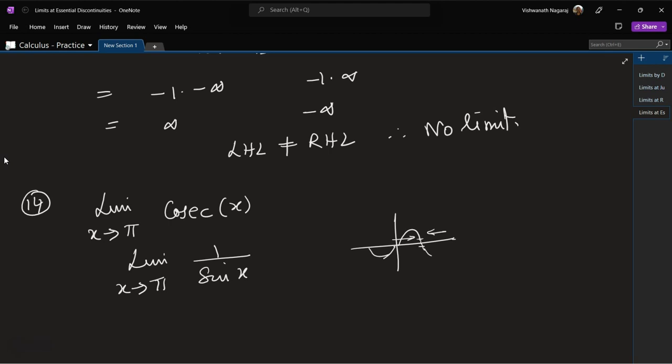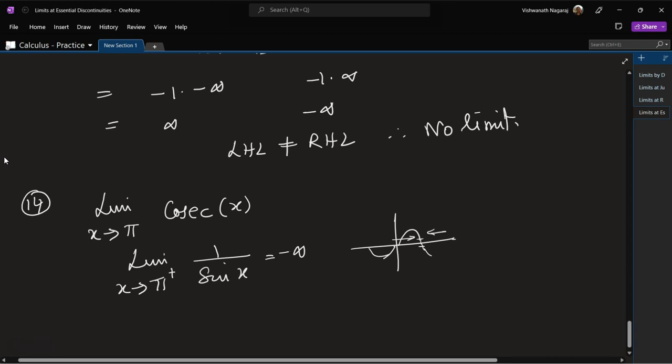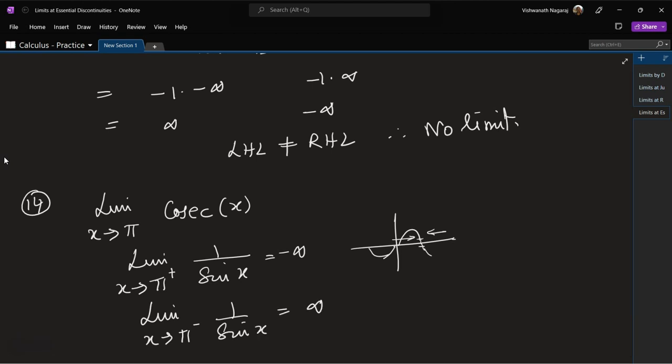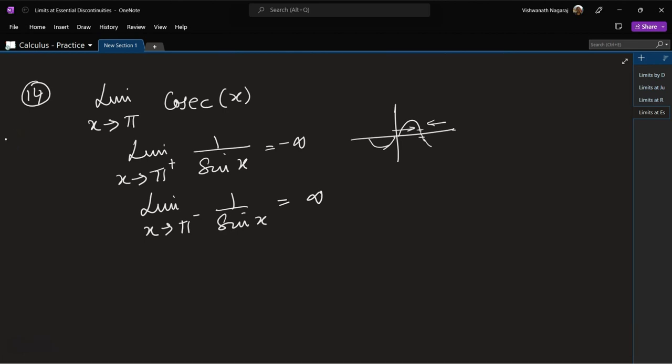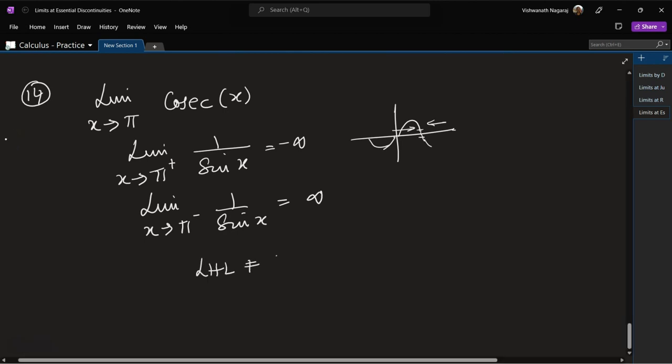So from the positive side, it will be equal to minus infinity, and the limit as x approaches pi from the negative side of 1 by sine x is equal to infinity. So again here, the left hand limit is not equal to the right hand limit. Therefore, no limit exists.